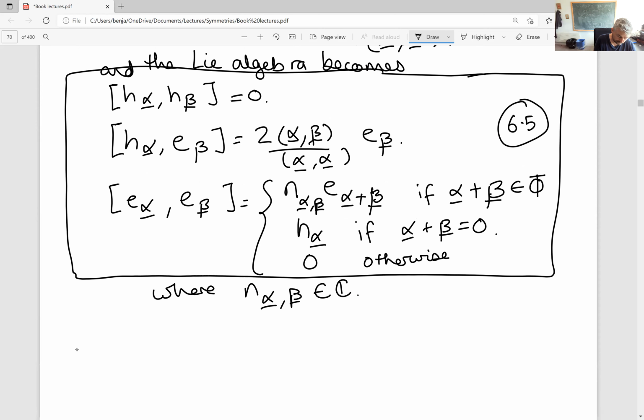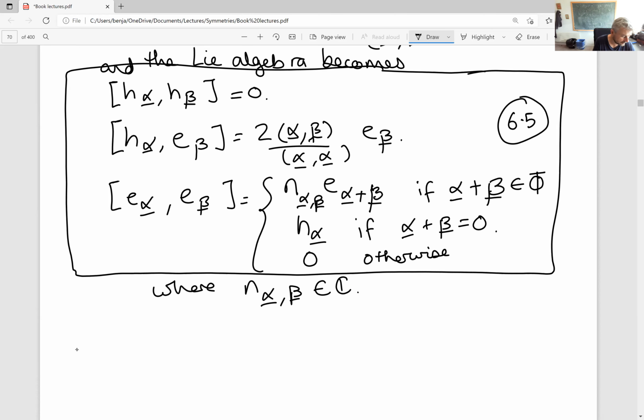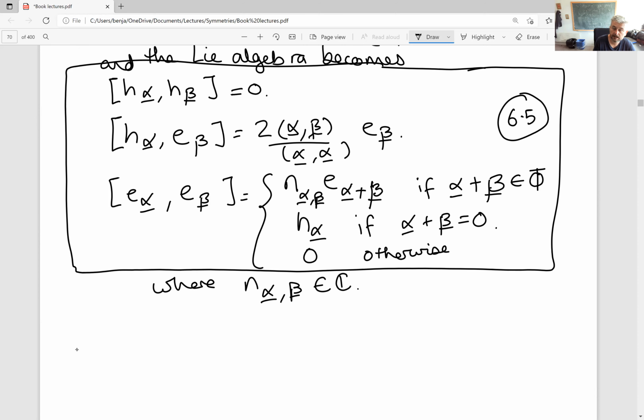Now, this implies an important thing. For every root, there's actually an SU2, a Lie algebra of SU2, over the complex numbers.